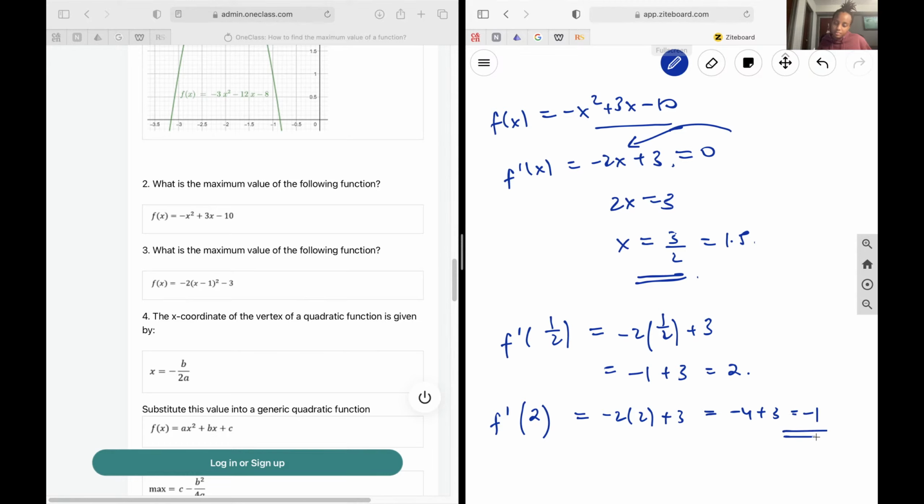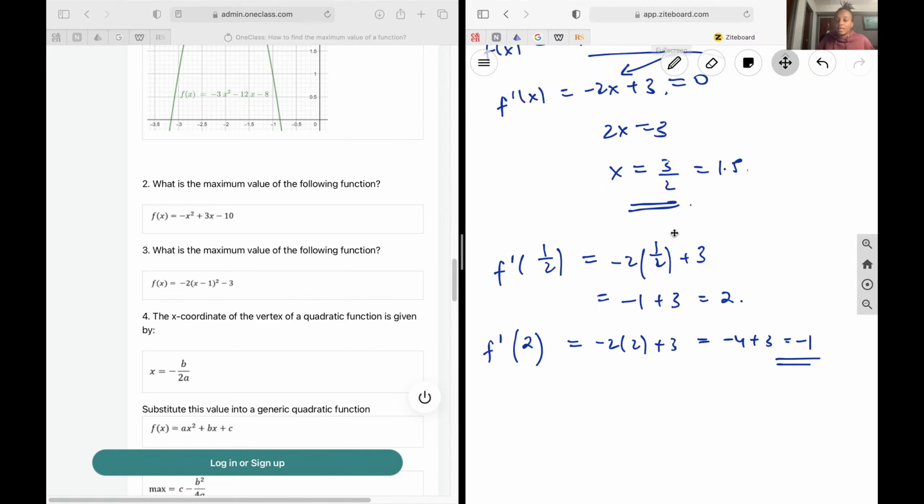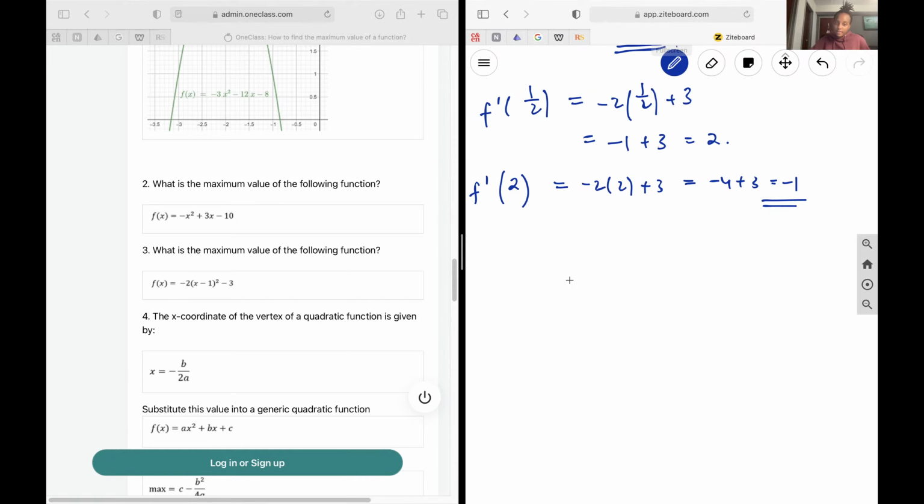So now let's imagine the graph again, or any random graph, and just check the behavior around the max and the min. I see that the slope before a max is greater than 0 and goes less than 0, and I see that the slope before a minimum is less than 0 to greater than 0.